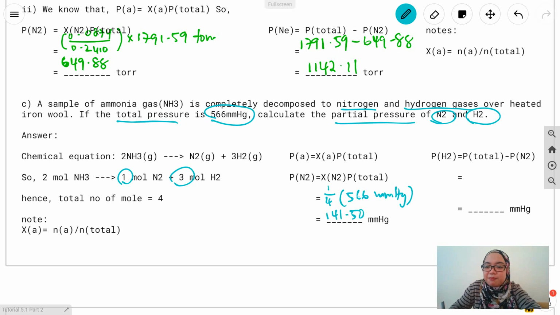Okay, so to find the partial pressure of hydrogen, just do total pressure minus partial pressure of nitrogen. So 566 minus 141.50 mmHg, you will get 424.50 mmHg. So this is how you answer question 8C.